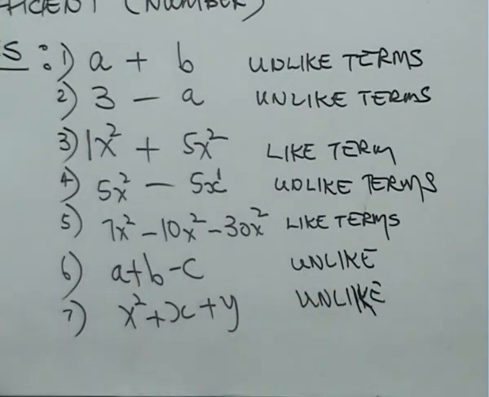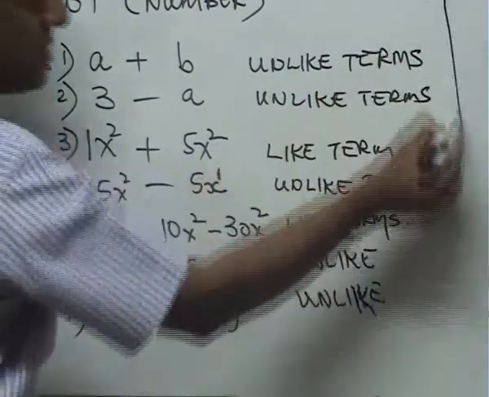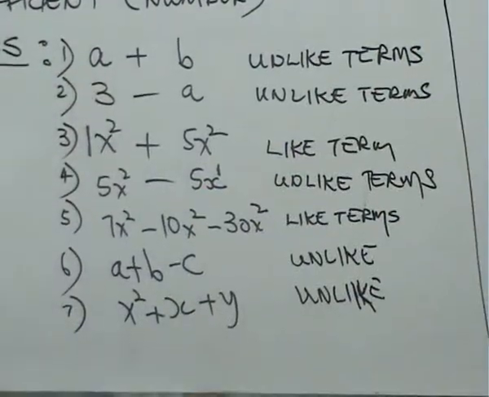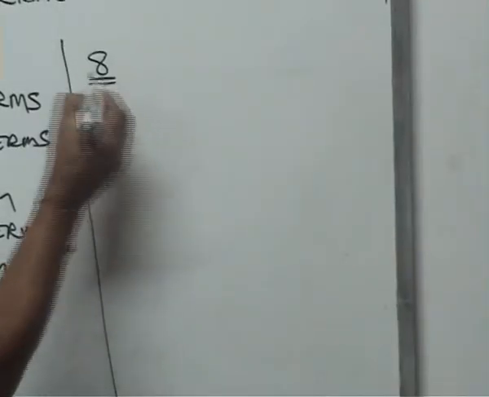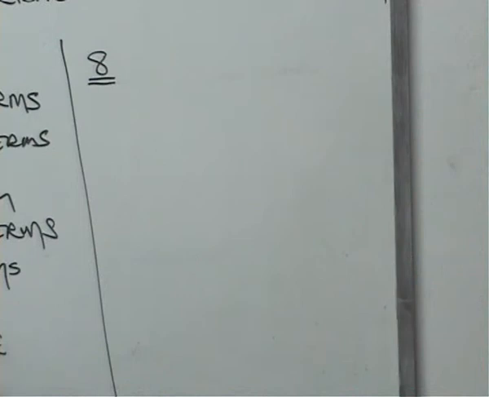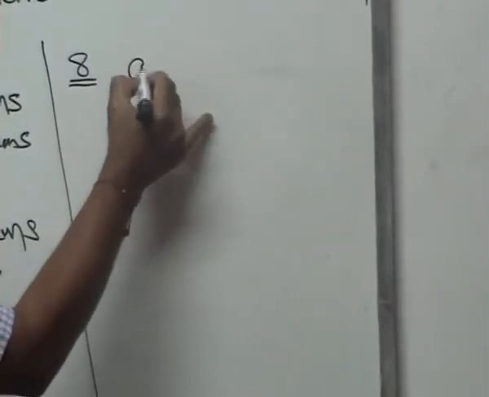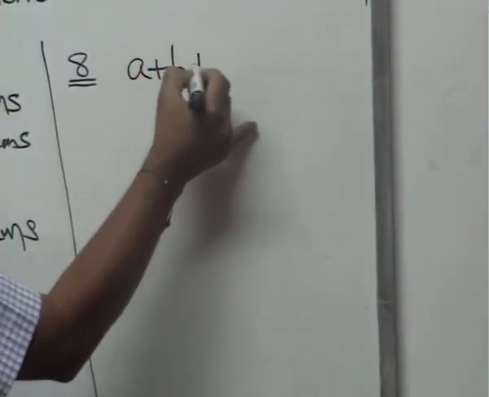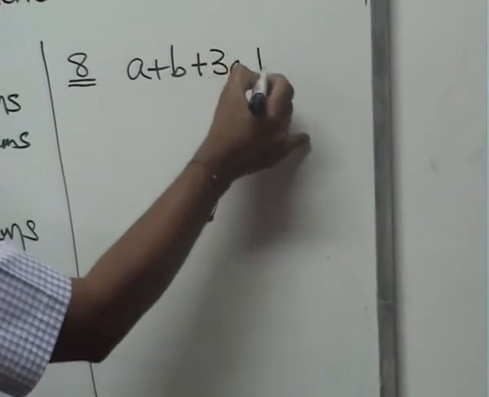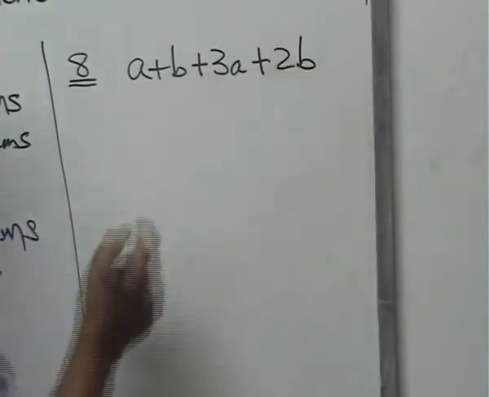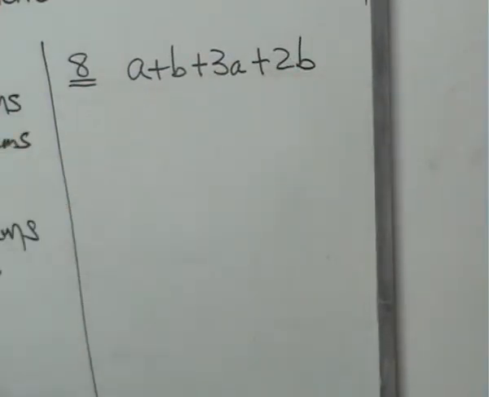Alright, I'm going to move over on that side and do a few more examples. The example I'm going to do here, I'm going to show you that there are two groups of like terms in this example. Now, if you watch this example carefully, it's a plus b plus 3a plus 2b. Now, when you look at this example, there are two sets of like terms here.